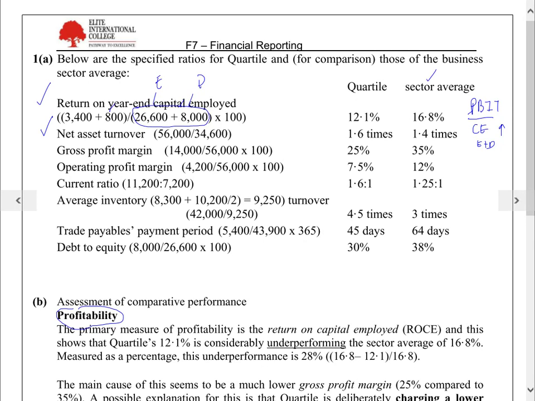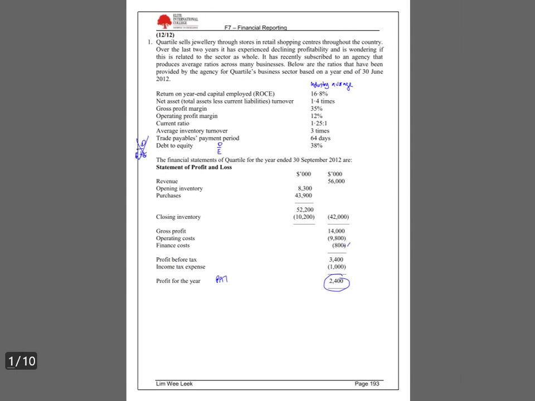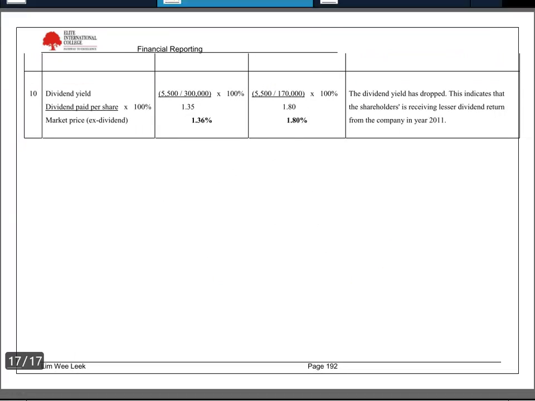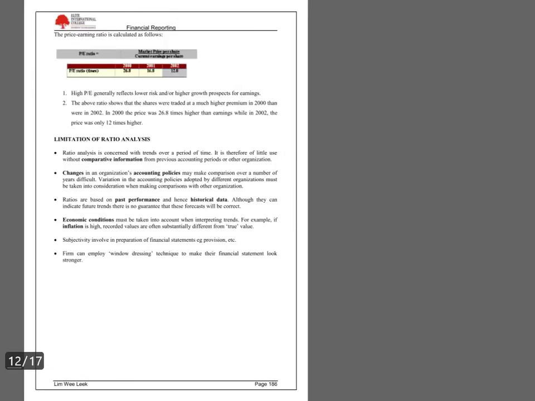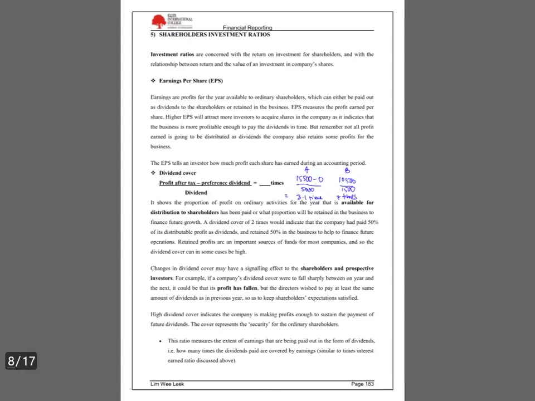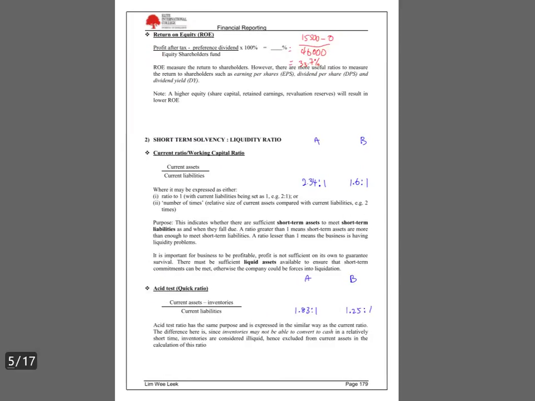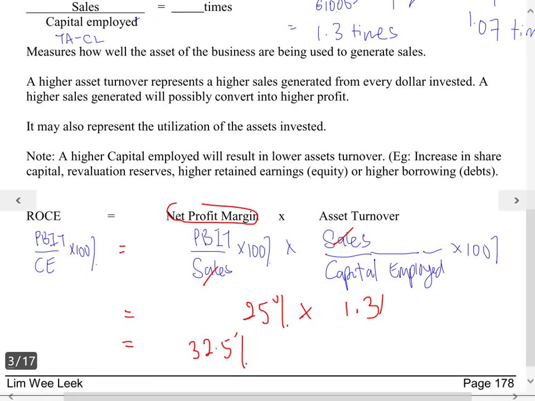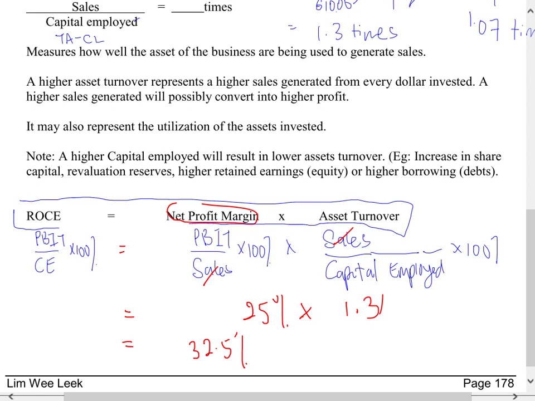Remember I told you the three ratios that the examiner always explains based on, ROCE equals to what? ROCE equals to net profit margin times asset turnover. This is ratios within a ratio. All these are three ratios, and when we put them together, it is another ratio.